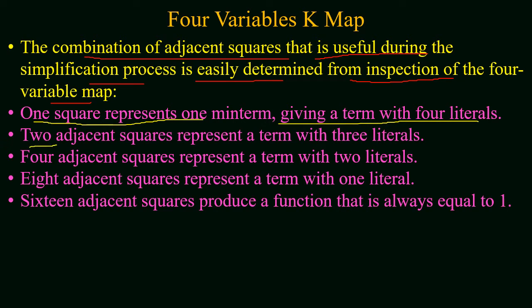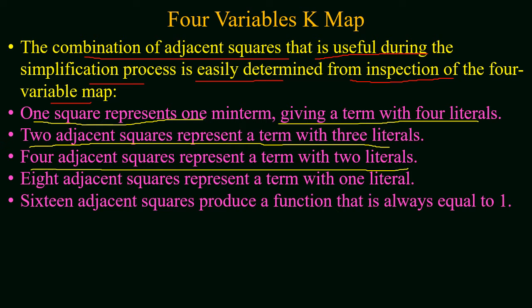If we make a group of 2 adjacent squares, then the simplified term will consist of 3 literals. If we use 4 adjacent squares, the simplified term will consist of 2 literals. Similarly, if we make a group of 8 adjacent squares, then the simplified term will consist of 1 literal. Finally, if we make a group of 16 adjacent squares, then the function will be equal to 1.